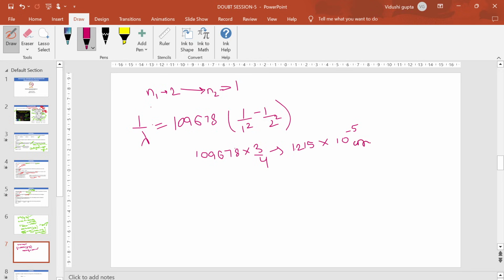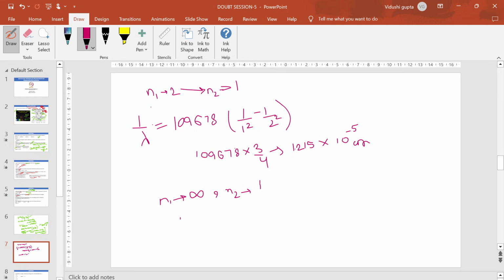Now this was for the first line. Now we have to calculate for the limiting line. Limiting line means your n1 will be infinity and n2 will be 1, as it is a Lyman series.